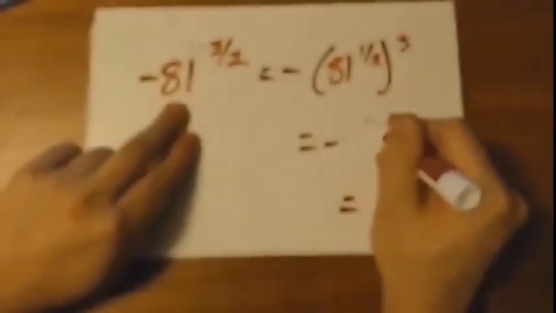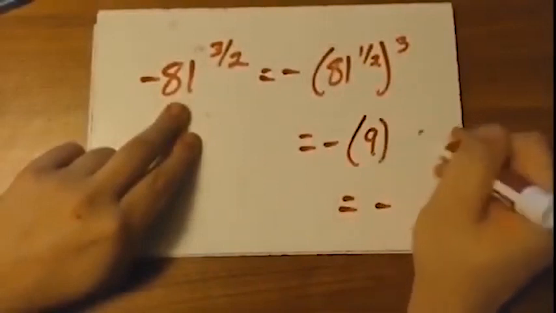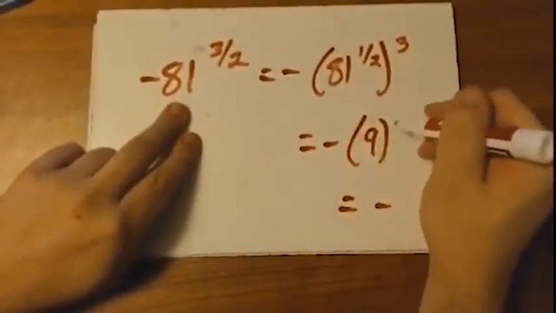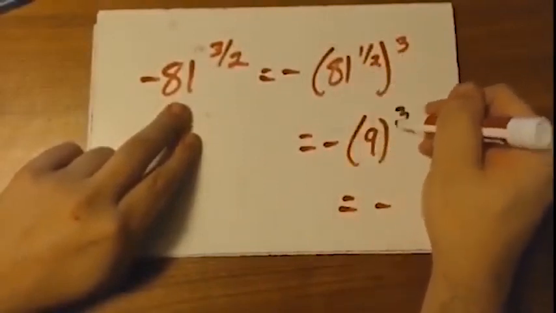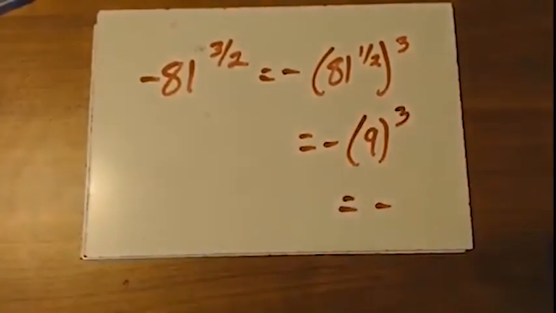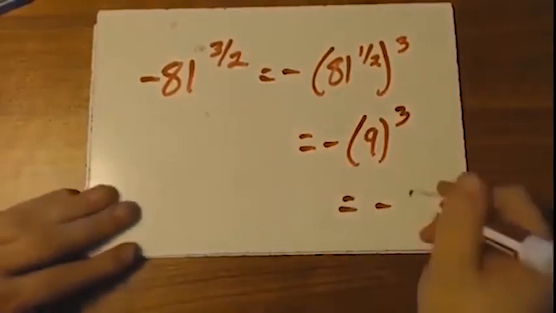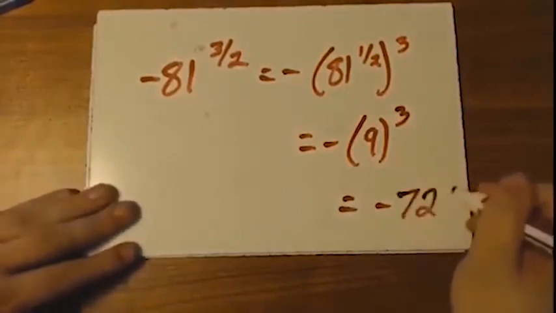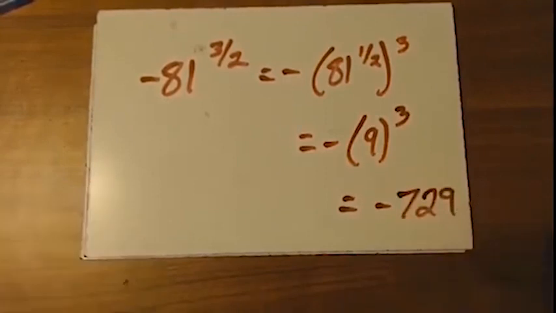This is 81 to the 1/2 cubed. 81 to the 1/2 is 9. Square root of 81 is 9. And 9 cubed is 729. So negative 729.